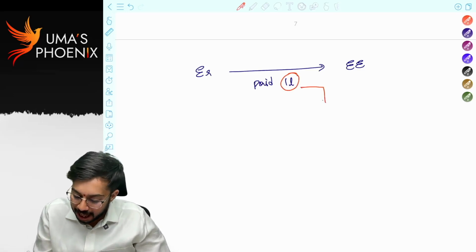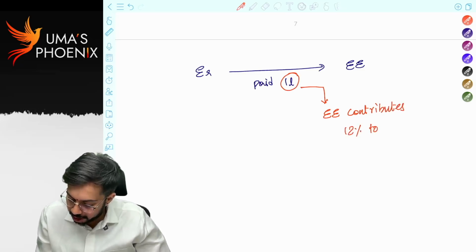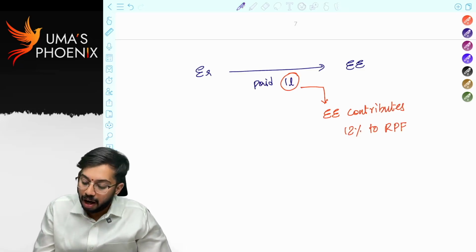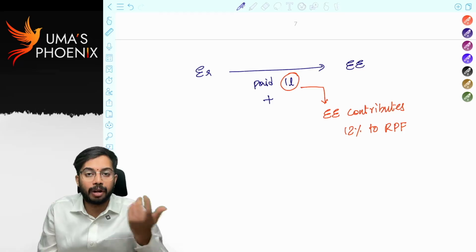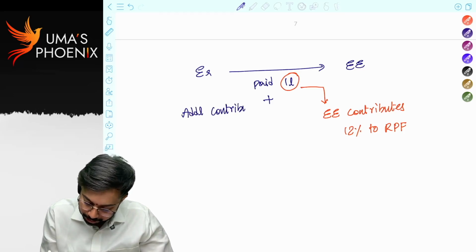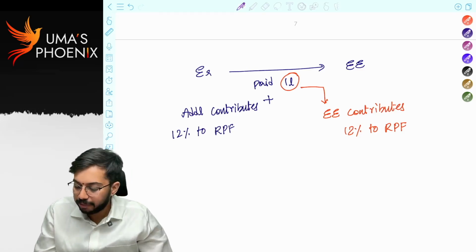Now from this salary, the employee contributes 12% to recognized provident fund. Along with that, the employer additionally contributes 12% to recognized provident fund. Correct?